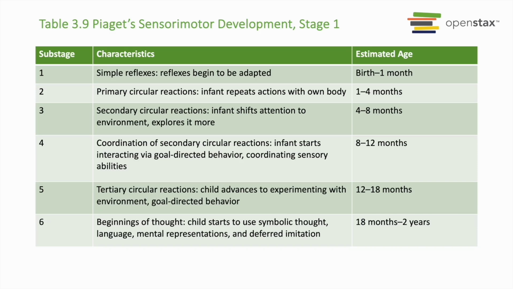Substage 5, tertiary circular reactions. So the child advances to experimenting with the environment and goal-directed behavior from 12 to 18 months. And then substage 6, beginnings of thought. So the child starts to use symbolic thought, language, mental representations, and deferred imitation from 18 months to 2 years.